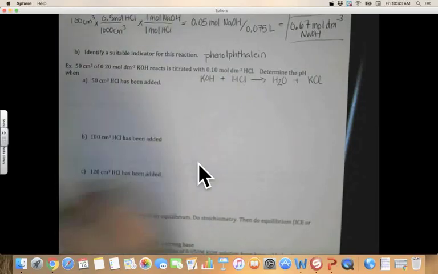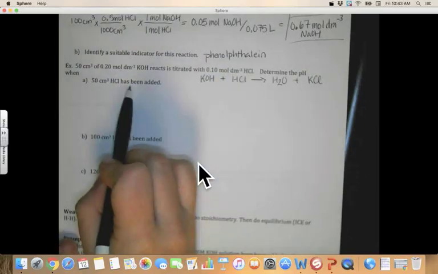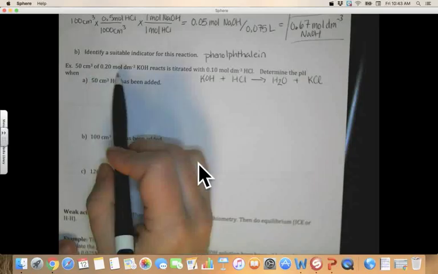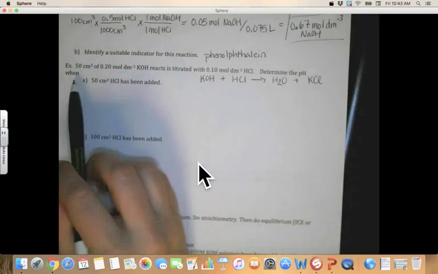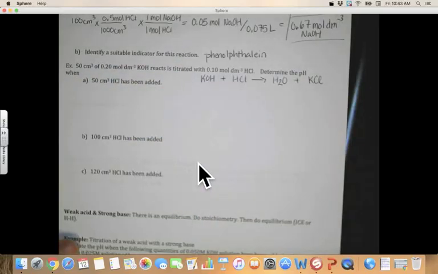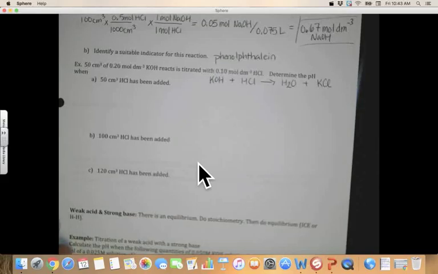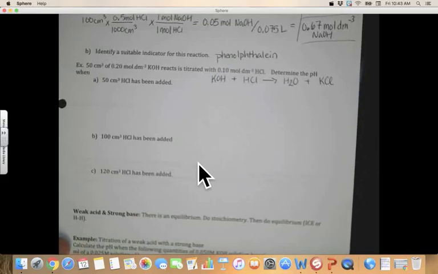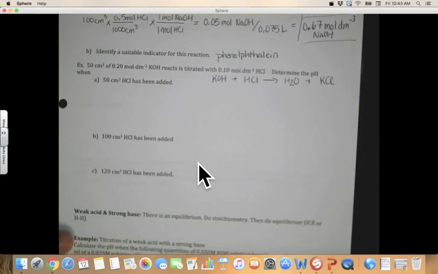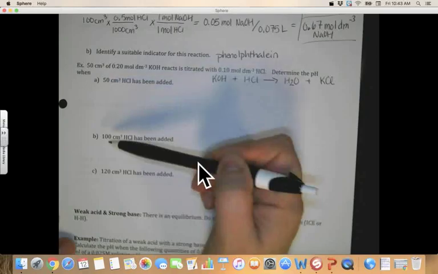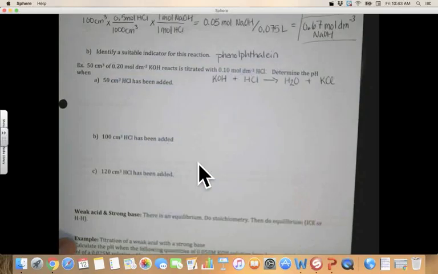So when 50 cubic centimeters of hydrochloric acid has been added, well, I don't know if that's the equivalence point or where that's at, but I'm going to guess, since I then have to do this for 100 and 120, that there's going to be some leftover potassium hydroxide.